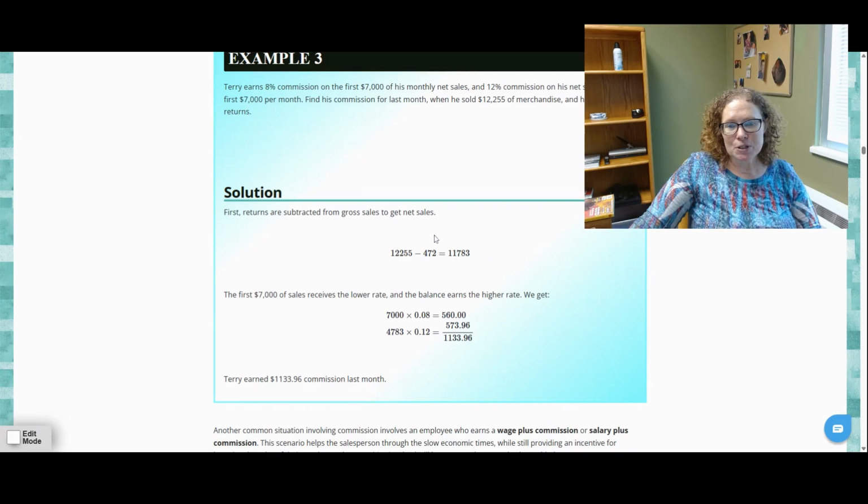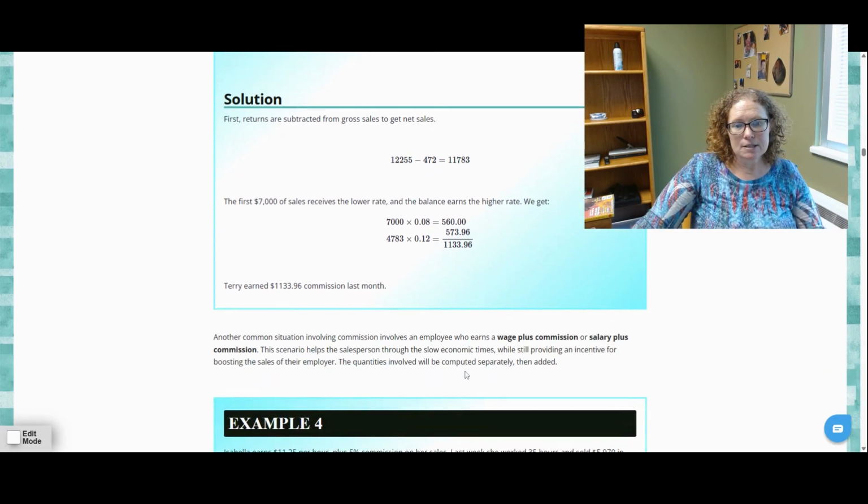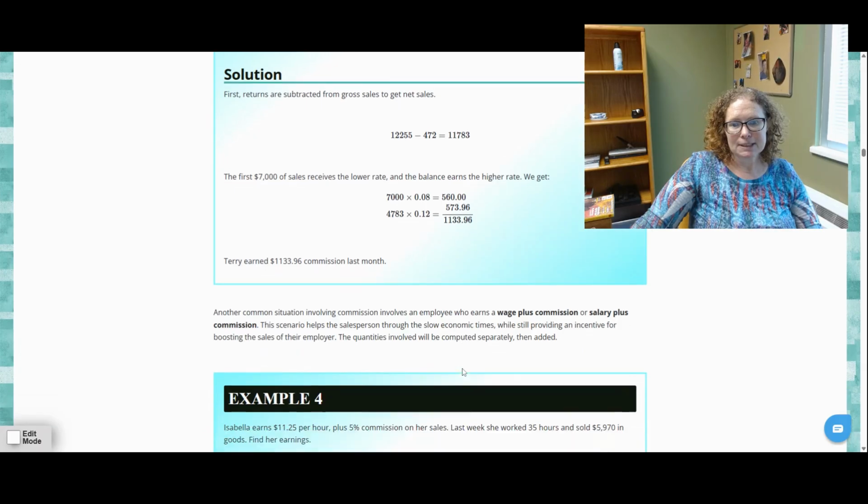So we're going to look at it based on 11,783, which is that 472 subtracted from the 12,255 of his original sales. When we look at it, the first 7,000 was for the 8%, and the next would be under the 12%, and so we add that, and we get his commission.